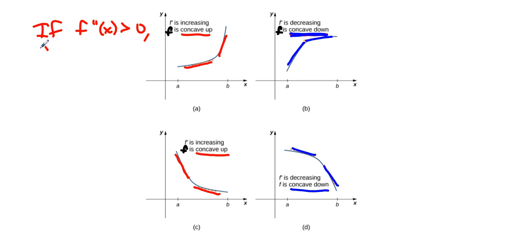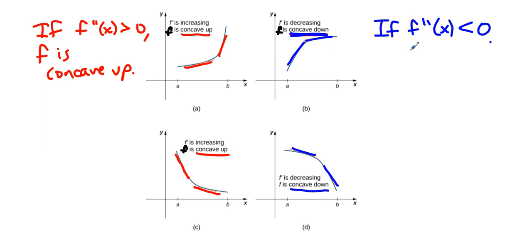If f double prime is positive, f is concave up. Similarly, if f double prime is negative, f is concave down. It is super important to keep your f prime and your f double prime straight. F is concave up, f prime is increasing, f double prime is positive. F is concave down, f prime is decreasing, f double prime is negative.